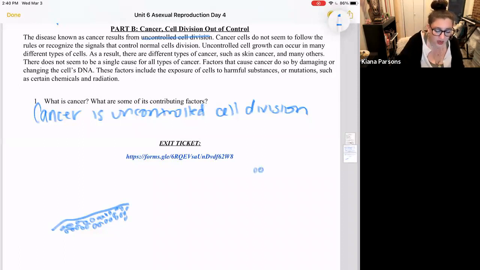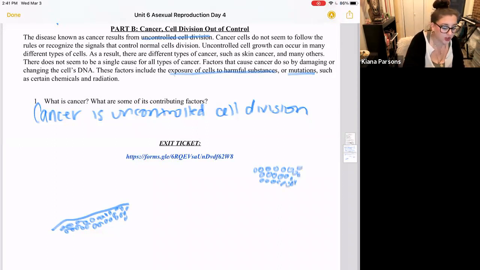And the more times that a cell divides, the more likelihood that there's going to be a mistake. And exposure of these cells to harmful substances, mutations that happen, which again are more likely to happen over repeated cell division, and exposure to certain chemicals and radiation can increase the likelihood of this problem happening.